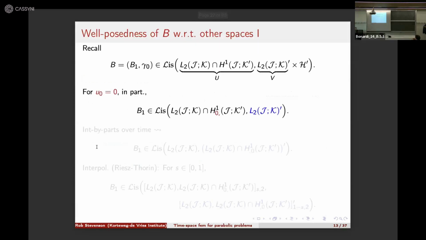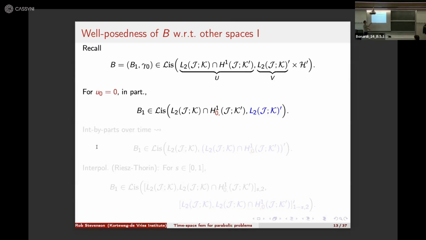I go a bit faster in method 2. I have to. So this was our operator. B was boundedly invertible from U to V prime times H prime. If I now substitute u0 is 0, so I assume zero initial condition, then there is no reason to test the initial condition. So I can drop the gamma 0 and just incorporate the fact that the function is 0 at 0 in the space.